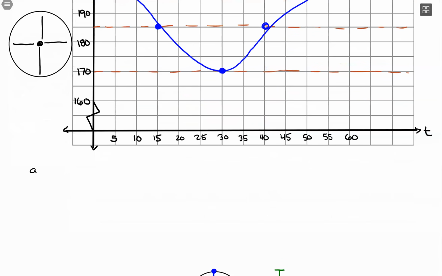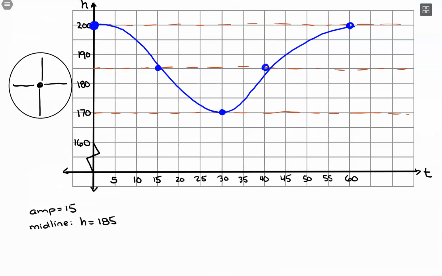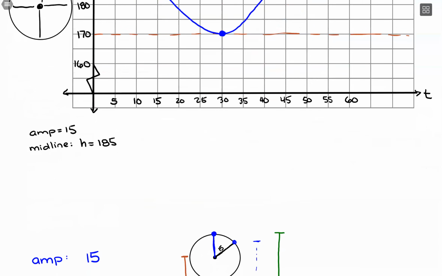So we already talked about the amplitude of 15. We have that midline, which is y equals 185, or h. We can see how long one period is, which is those 60 minutes. Now, if the period is 60, let's go ahead and solve for b.